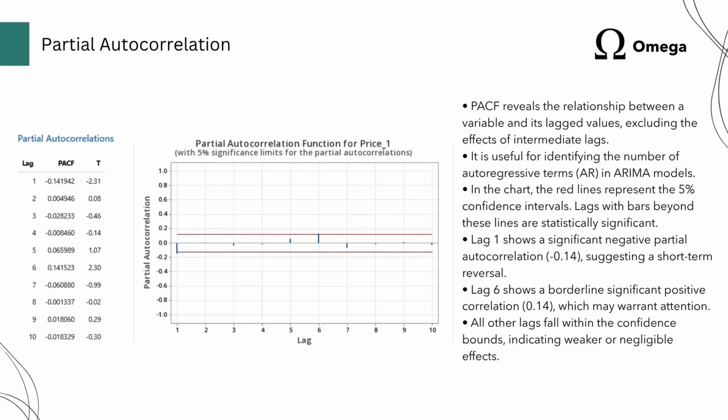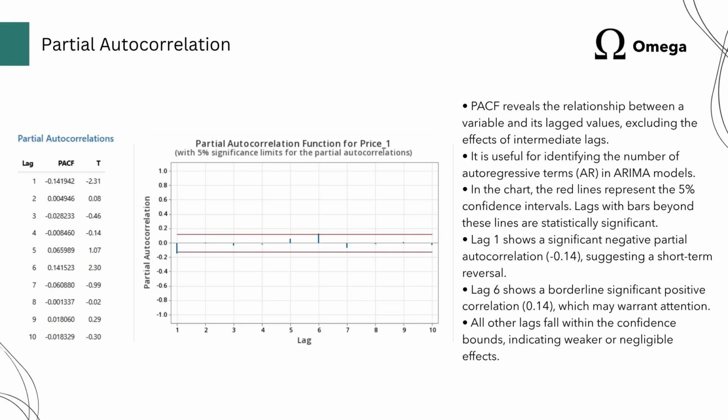In summary, autocorrelation is how related is a value to its previous values, including indirect effects. And the partial autocorrelation is how related is a value to a specific past value, after removing the influence of all the other values in between.